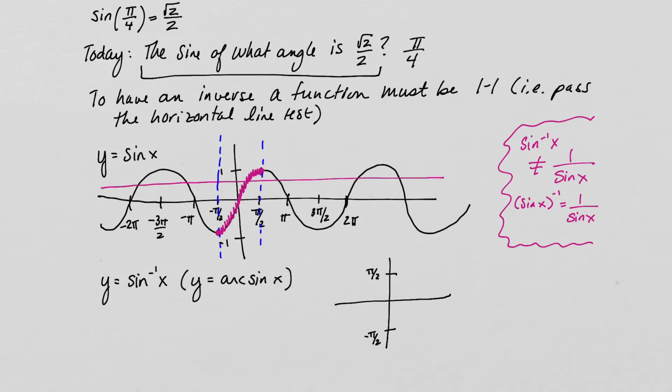And on the y's of the original graph, it went between -1 and 1, which means on this graph it's going to go between -1 and 1. And so it looks roughly like this.